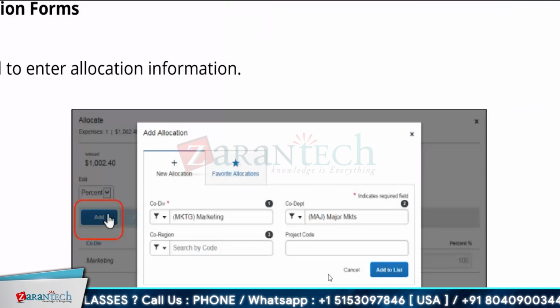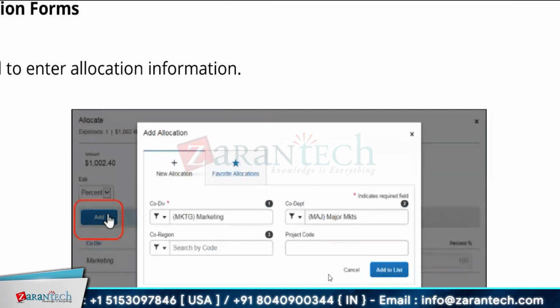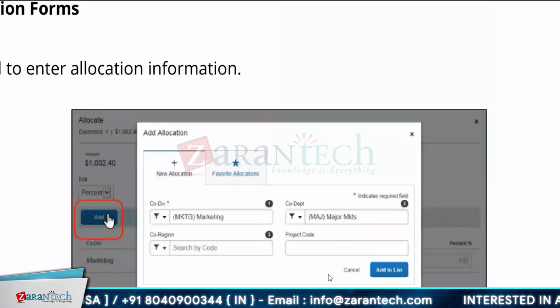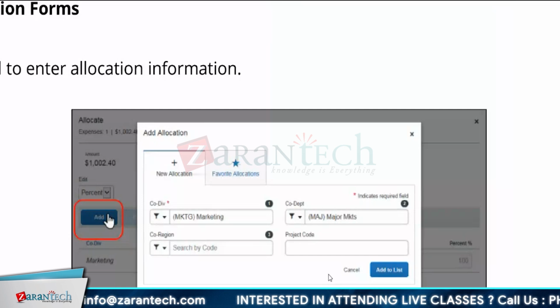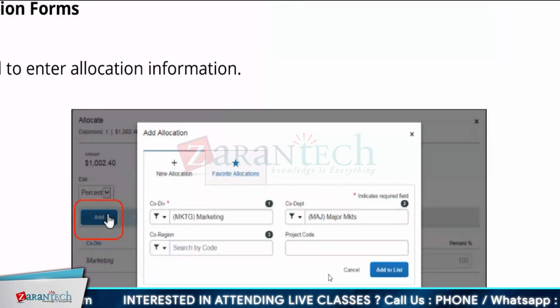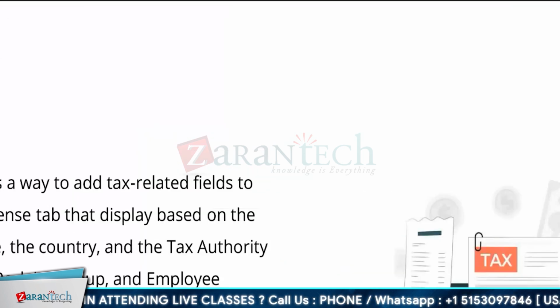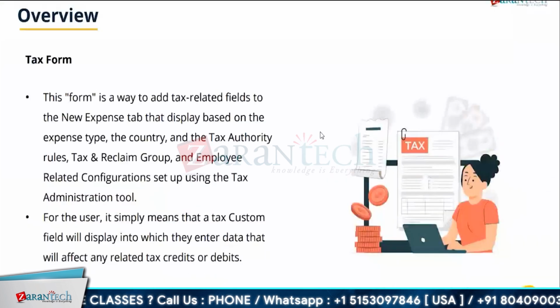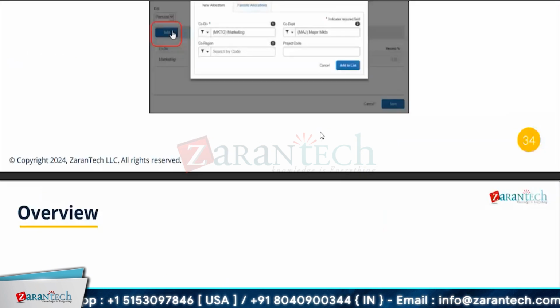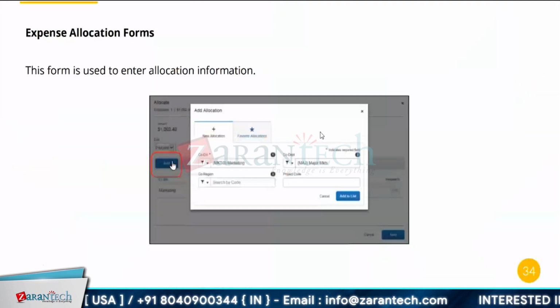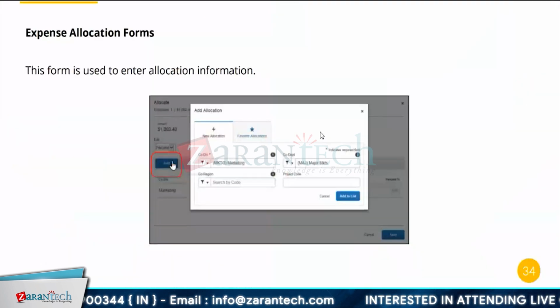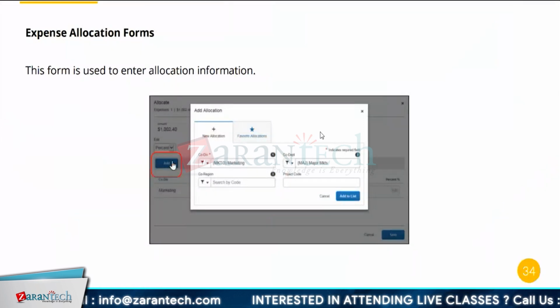While allocating, the co-division is marketing, the co-department is major MKTS, and it is trying to add the division, department, region, project code, etc. So far we were looking at the expense allocation form, which is about how to allocate the expense to different divisions, then department, then region and project code.